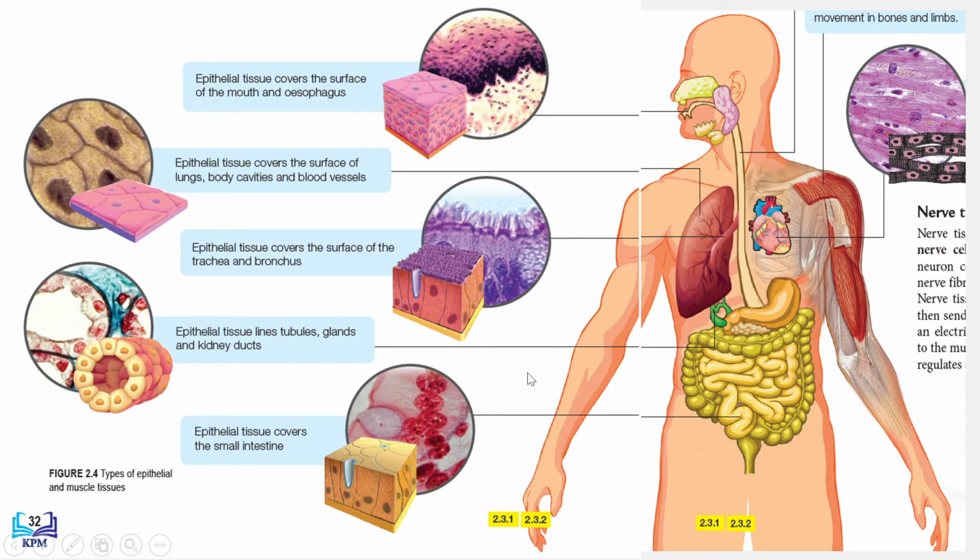Okay, so epithelial cells is meant for protection and covering. And when they are at different parts of the body, you will see that the feature or the structure also changes to suit its function.